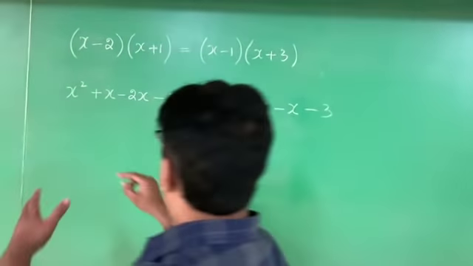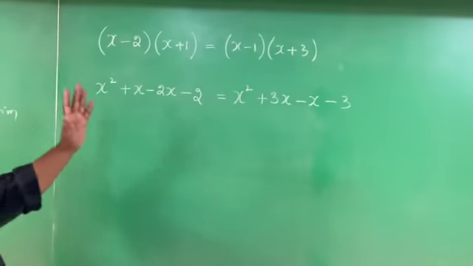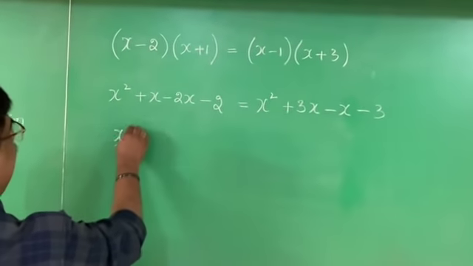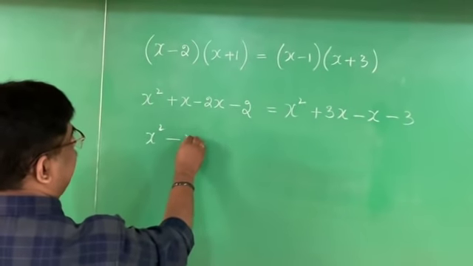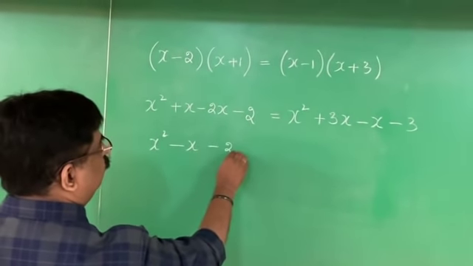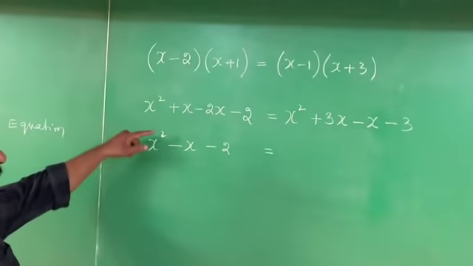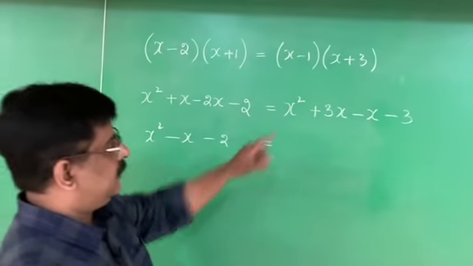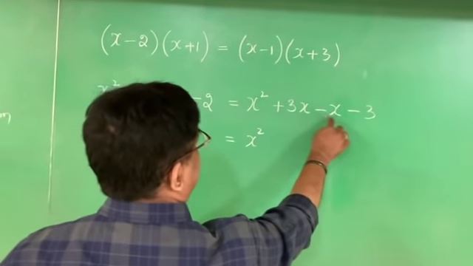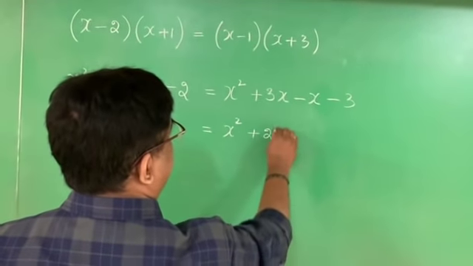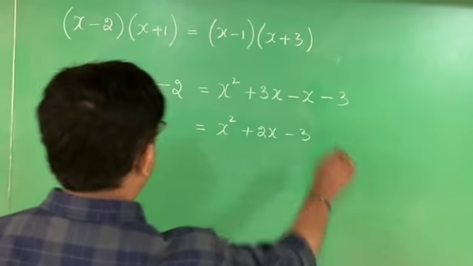Both sides I multiply. Now I simplify this. x² + x - 2x is x² - x - 2 equals, this side also I simplify: x² + 3x - x is x² + 2x - 3.